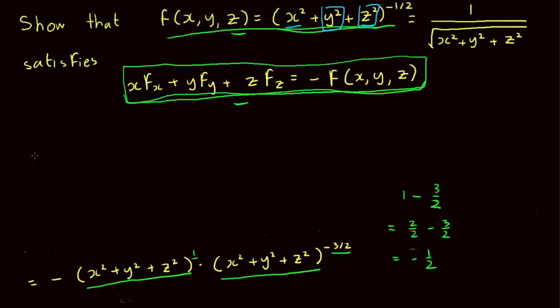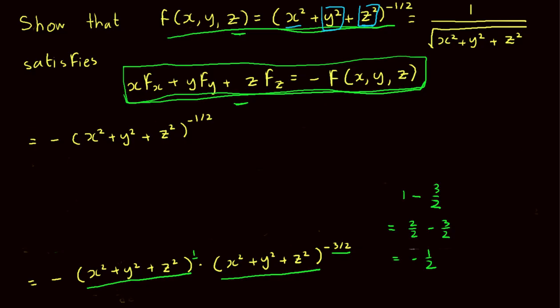We can see that we end up getting negative (x² + y² + z²) to the power of negative half.